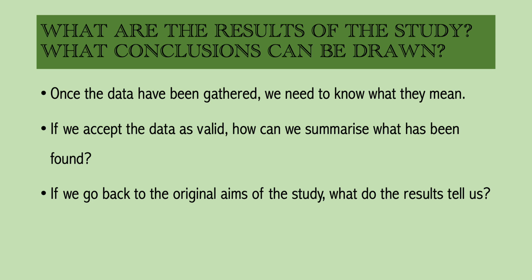The results are basically supposed to link the whole thing back. Like, is the data supporting the aim or is it rejecting the aim? For example. After that, then comes the conclusion.